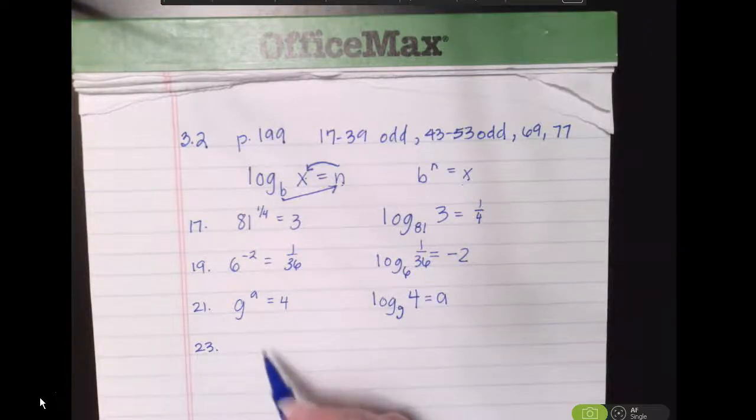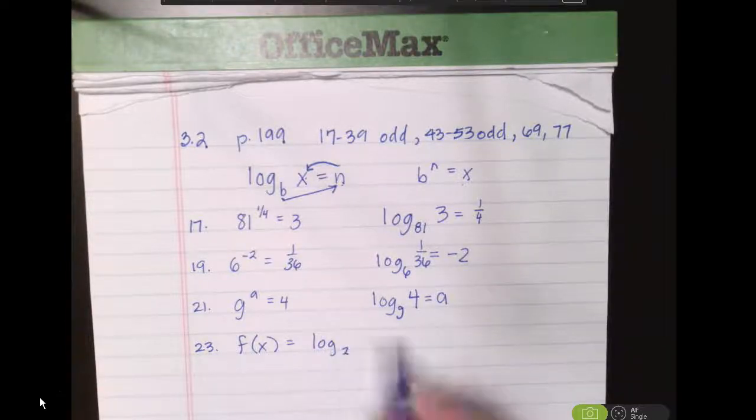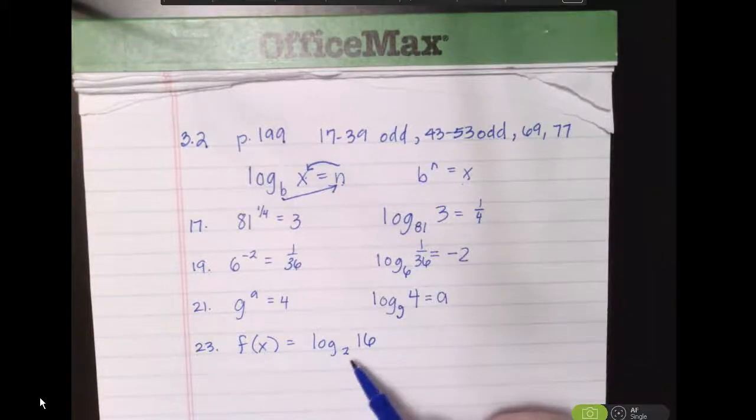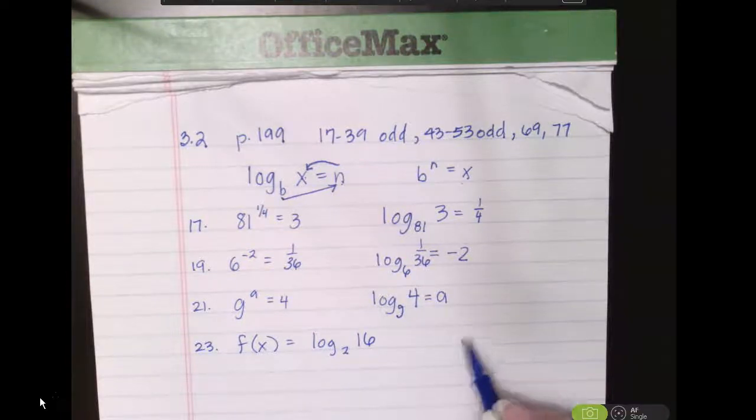In number 23, it looks like a calculator thing. No, definition. Alright, anyway, let me copy it down. F of x equals log base 2 of 16. So it was log base 2 of x, and I plugged in the 16. So in order to solve this, I'm thinking of this in terms of exponential form.